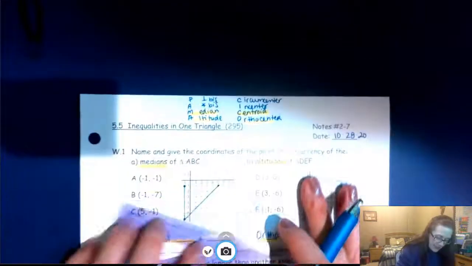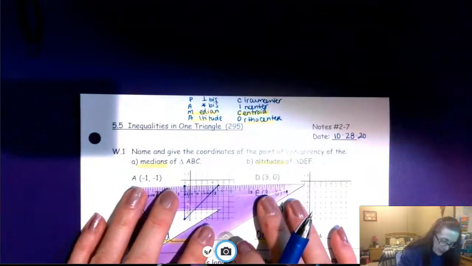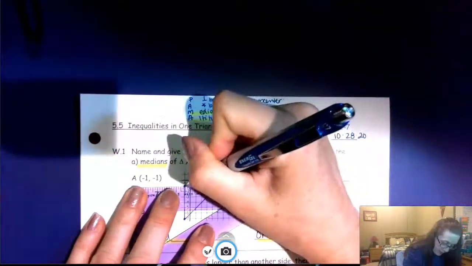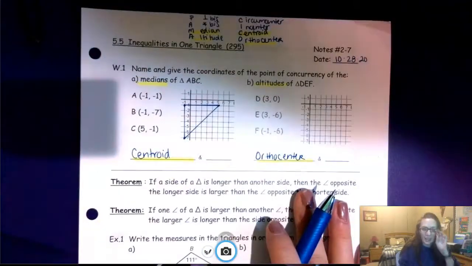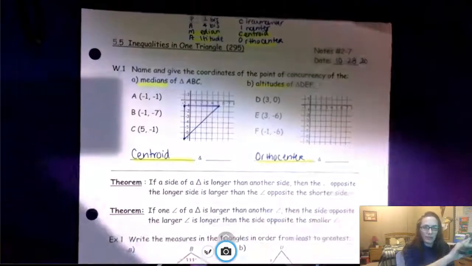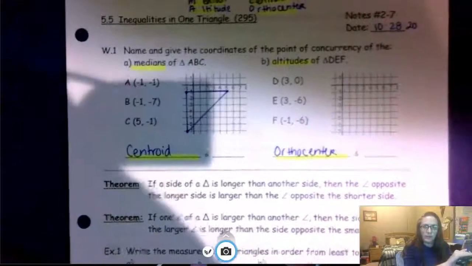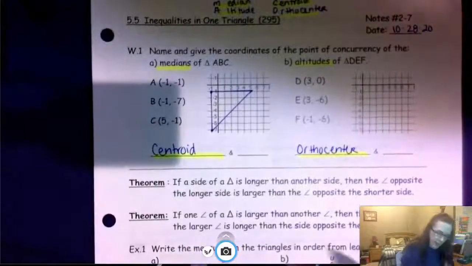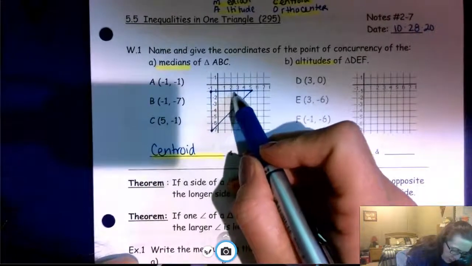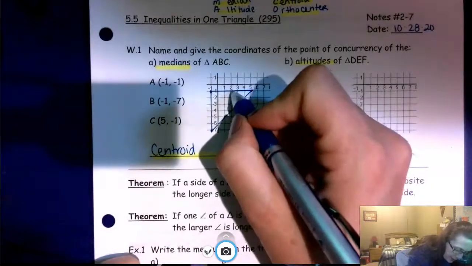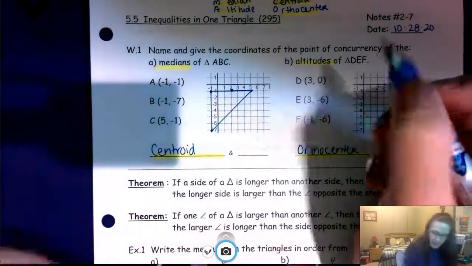Now it's nice that this is a right triangle because I can easily figure out what the medians are. The medians are going to be in the middle. So if the medians are in the middle here, a little bit of a shadow there, sorry. Exactly in the middle here is going to be 1, 2, 3, 1, 2, 3. So right here, this is the middle of that side.